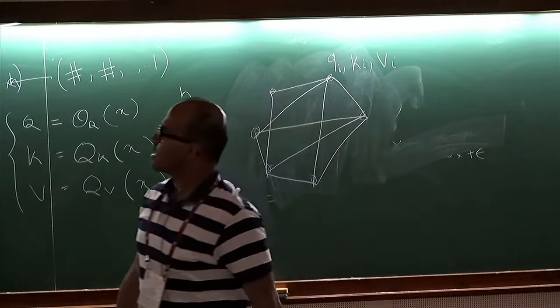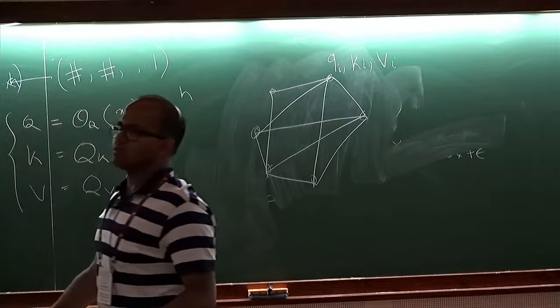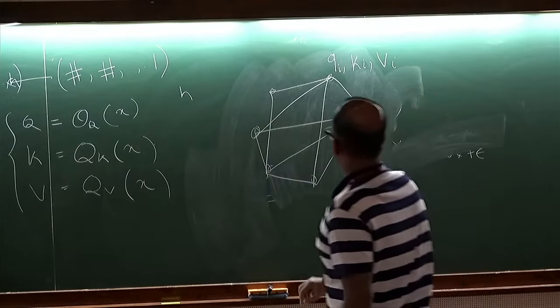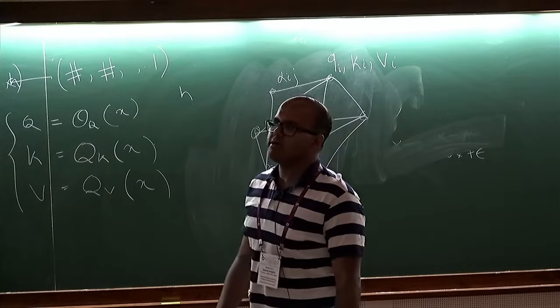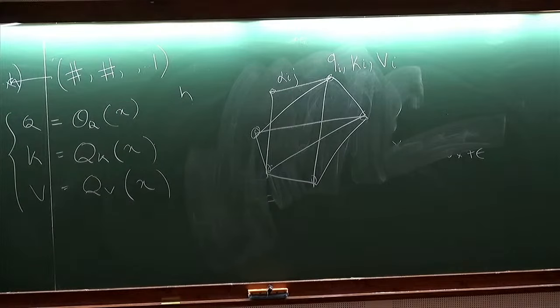Remember that was a matrix multiplication, QK transpose. So the ijth element of that matrix should be something like alpha ij, sitting as the learned edge data.